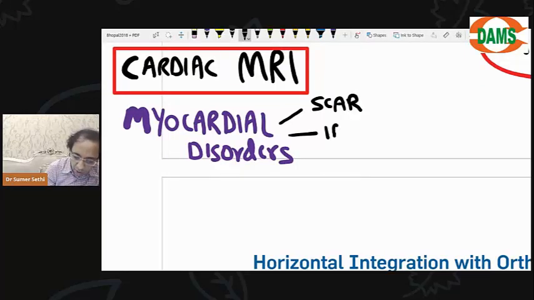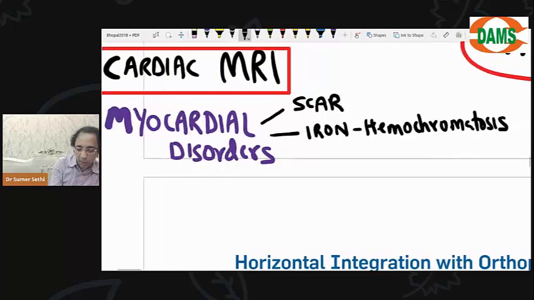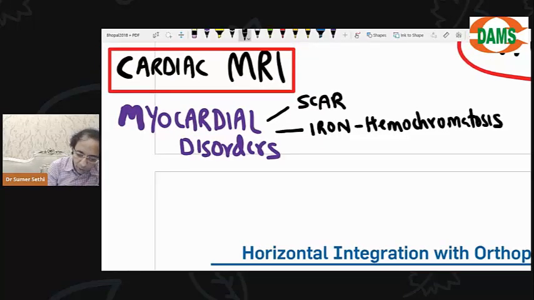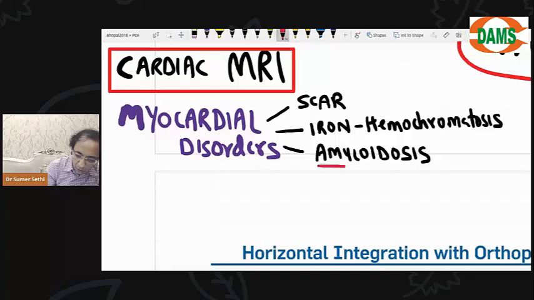If you have myocardial iron deposit due to repeated blood transfusion, that is called as hemochromatosis. Remember, you might have read about this. So even in hemochromatosis, today to see iron deposit in the myocardium, we do a MRI. In myocardium, you can also have amyloid deposit, which you might have studied in your pathology when they talked about amyloidosis. This can be diagnosed on cardiac MR.